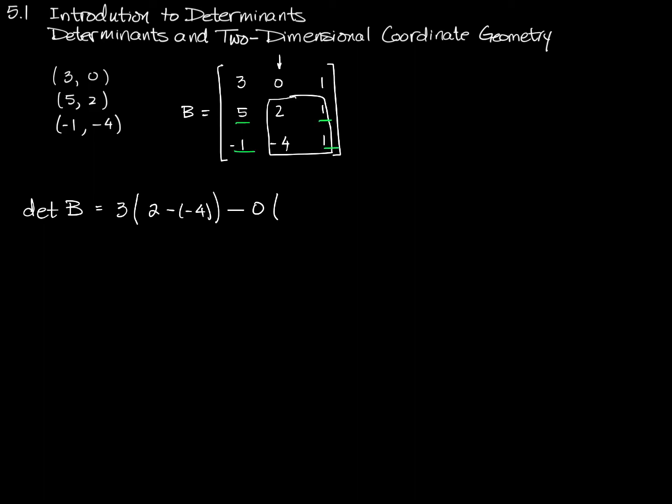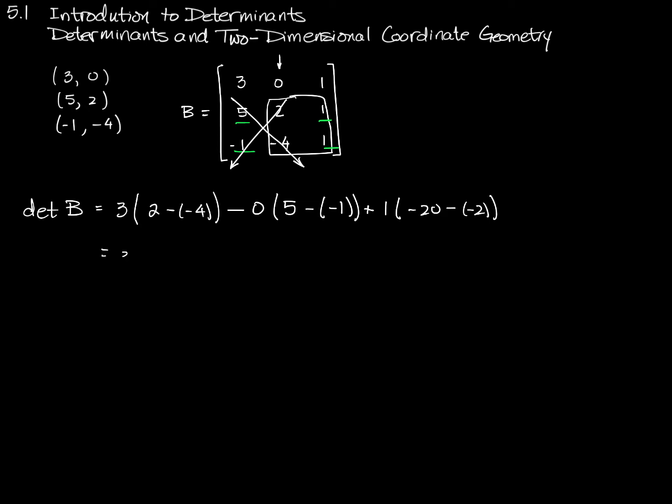Actually it doesn't really matter what that is because my leading factor there is 0, but I'll just write it anyway. I have 5 times 1 minus 1 times negative 1. Then I add the third term, and that's going to be 1 times, I have 5 times negative 4, that's negative 20, minus 2 times negative 1, which is negative 2.